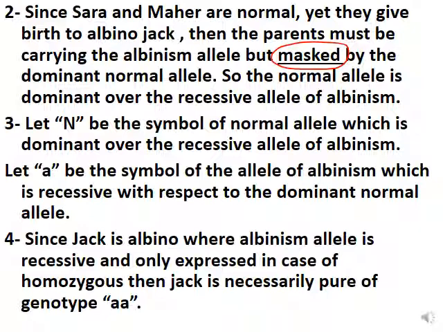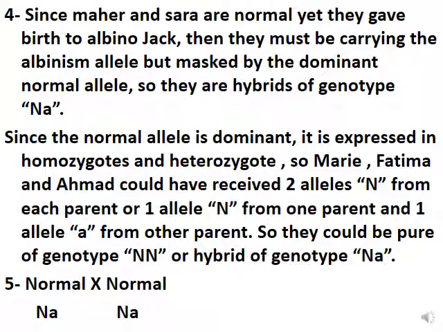Part 4, we have to give the genotype. So Jack is albino, and the allele of albinism is recessive, and can be expressed only in the homozygous case. So the genotype should necessarily be A small, A small. Maher and Sarah gave birth to albino Jack, so they must carry the allele of the disease, but it's masked by the normal allele. So they are heterozygous or hybrid, having genotype N capital A small.